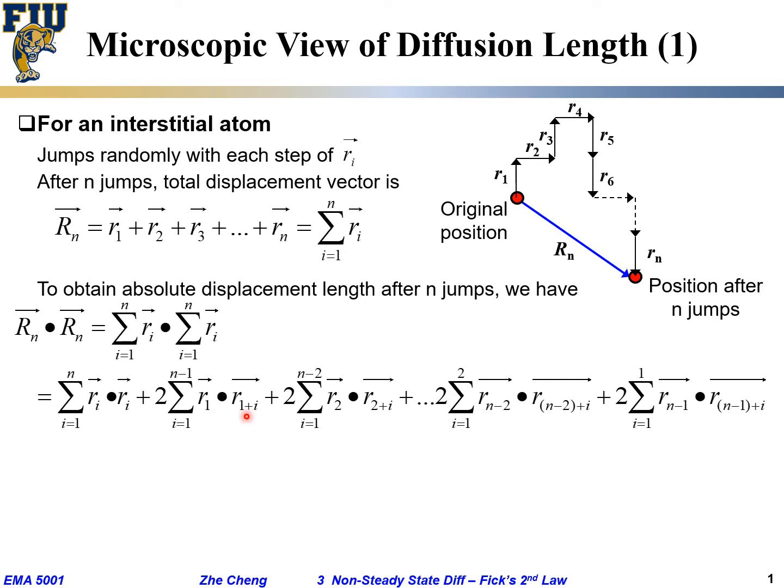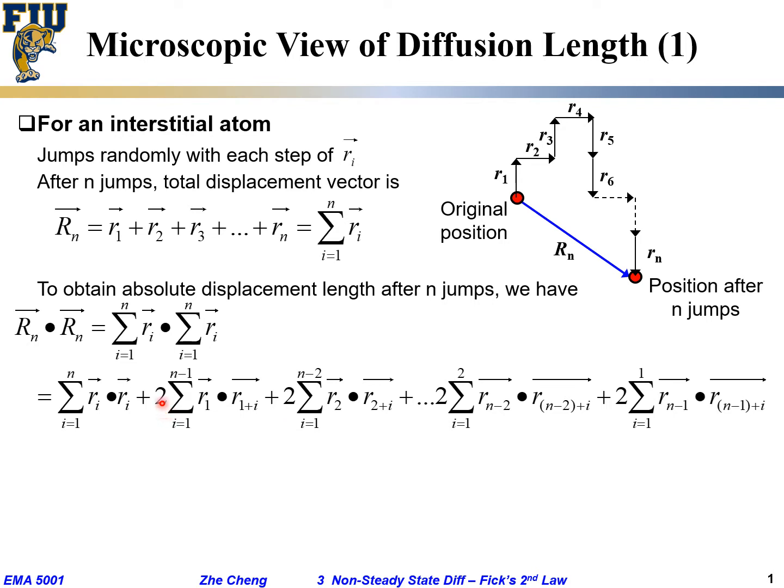When i equals n minus 1, plus 1, we got what? Rn, right? This whole thing just means R1 times R2 plus R1 times R3, R1 all the way times Rn, right? Of course, this is still dot product of two vectors, and we put 2 here.